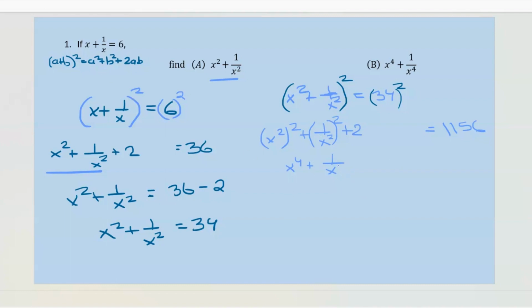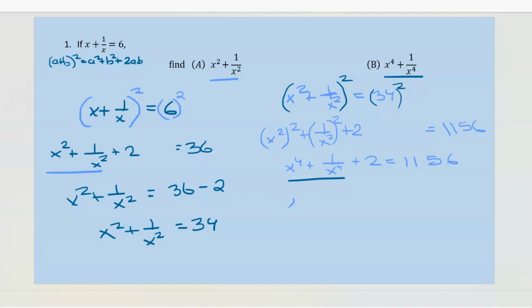Again, these are pretty confusing at the beginning, but the more you do it, the more you realize how easy it is. Again, we got our answer over here, x to exponent of 4 plus 1 over x to exponent of 4.